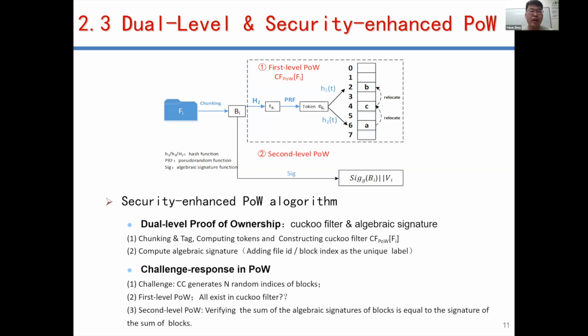Also, we compute the algebraic signature, and to resist the replay attack we use the file ID and block index as the unique label. We also give the challenge and response in the POW.